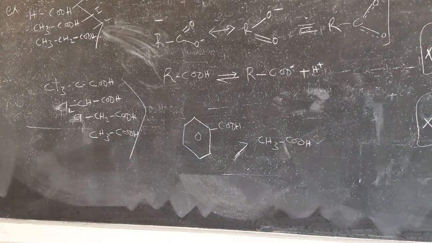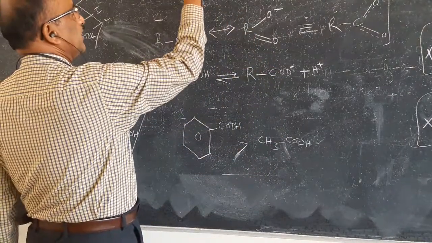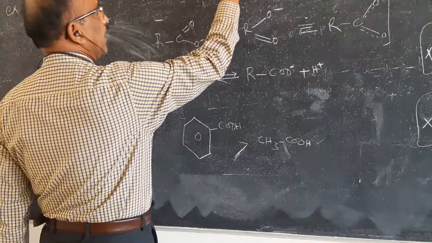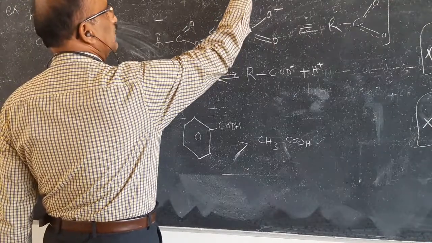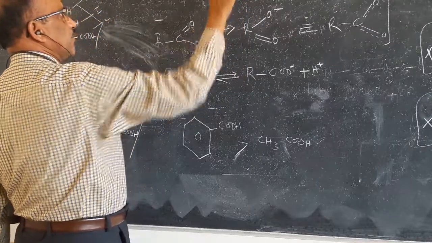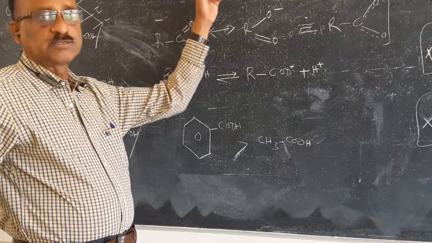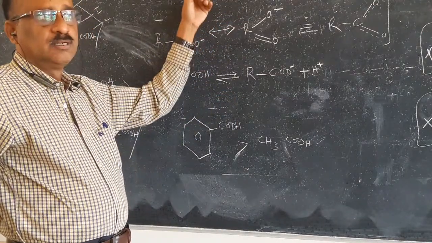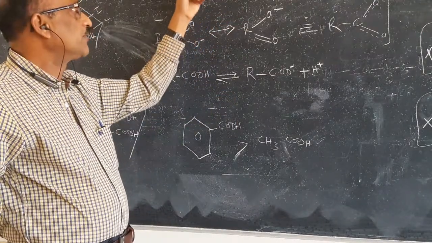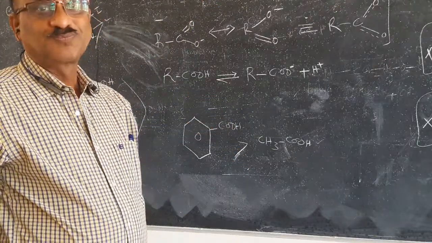I told you this in the previous classes also, that if you take HCl, HCl can be ionized into H plus and Cl minus. HCl is a strong acid because the easiness of the removal of H plus is so high.